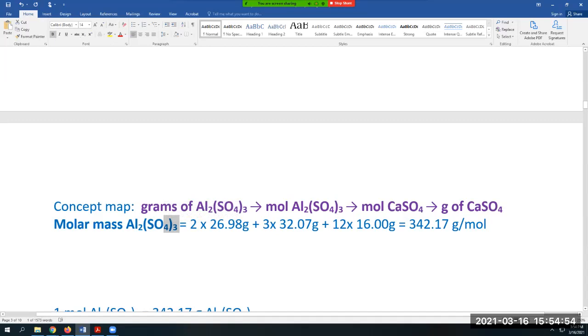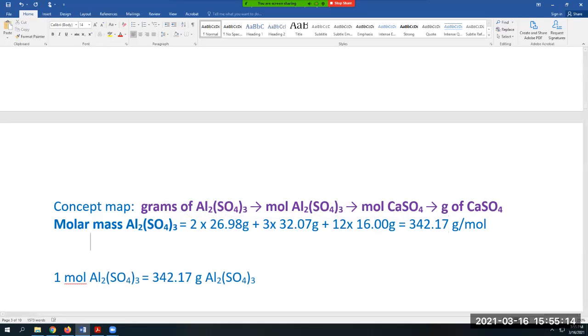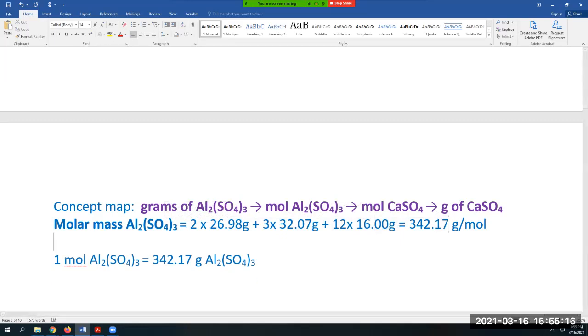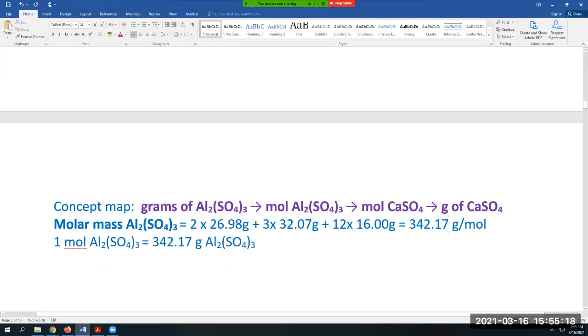So 3 times 4, 12 times the molar mass of oxygen. You add these up, and because all the molar masses are given with 2 decimals, you need to keep 2 decimals in the end. So it's 342.17 grams per mole of aluminum sulfate. Written as an equality, mathematically, it's 1 mole of aluminum sulfate is equal to 342.17 grams of aluminum sulfate.